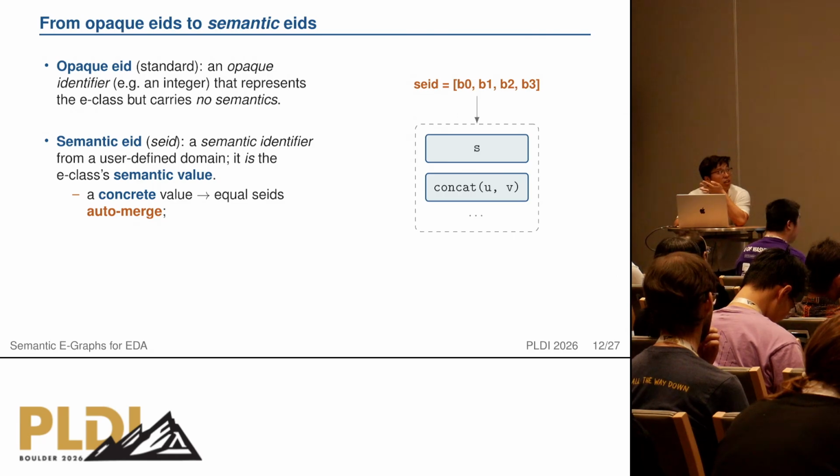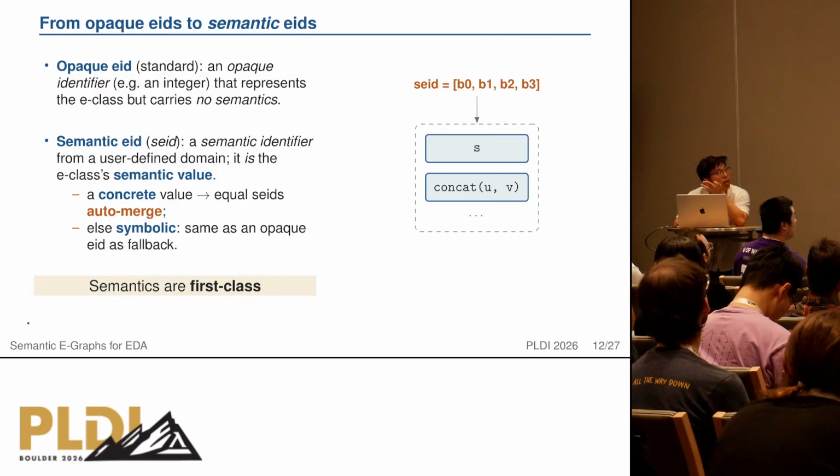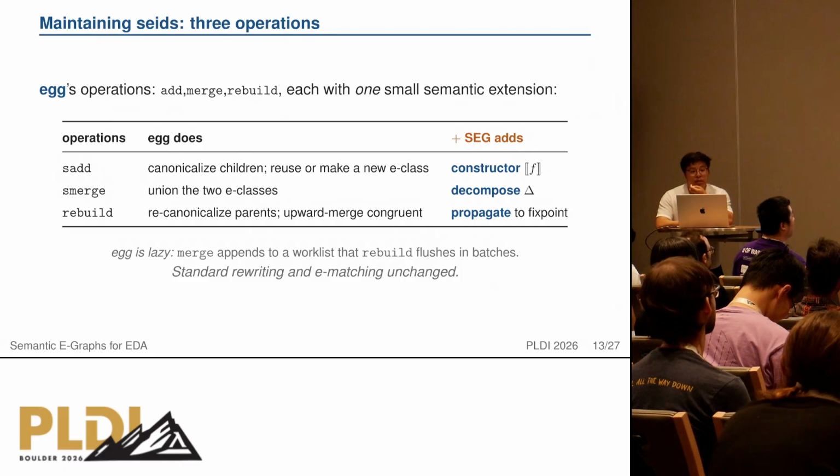There is a concrete value for the successful interpretation case, so we can merge the equal SEID classes. And we also have the fallback case where we return a symbolic SEID, which is equivalent to the opaque EID. So we have the semantics as a first-class element in the egraph.